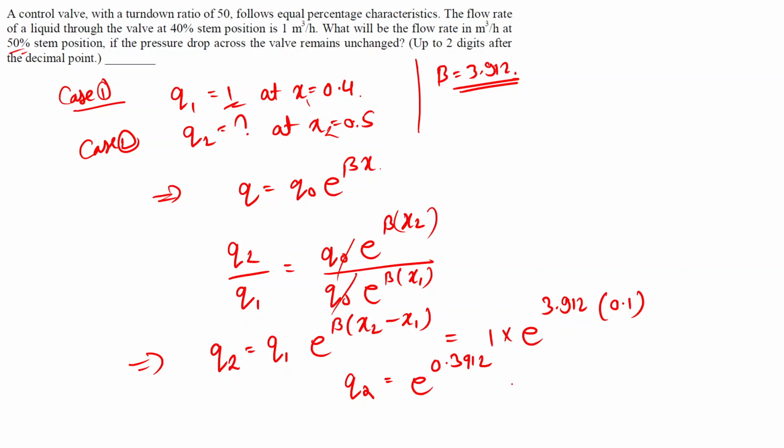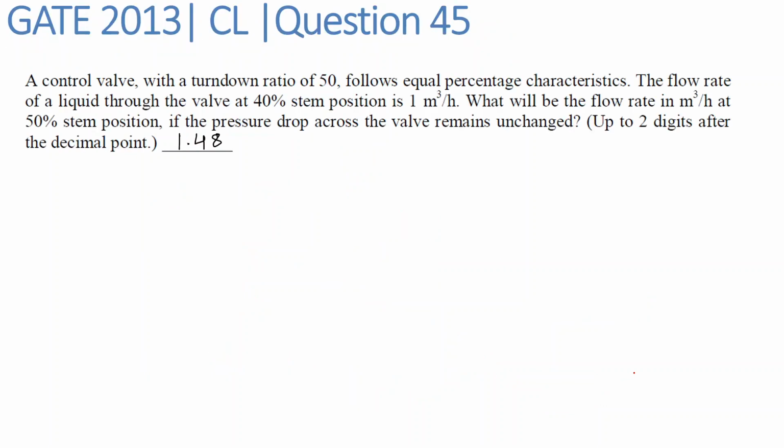You can calculate this and it will come around 1.478. So the flow rate when the valve opening is 50% will be 1.478 meter cube per hour. So the final answer, up to 2 digits, we will report as 1.48.